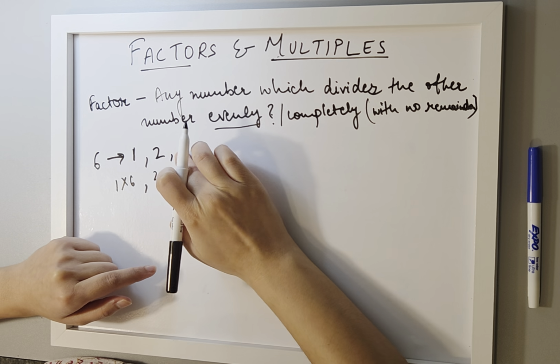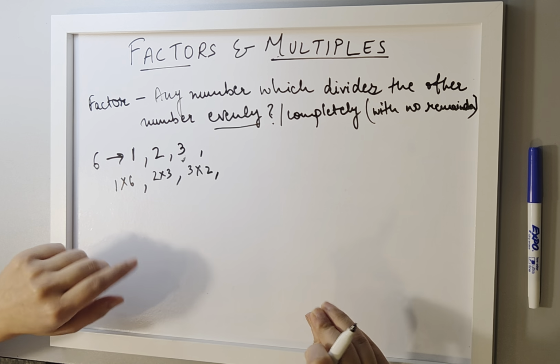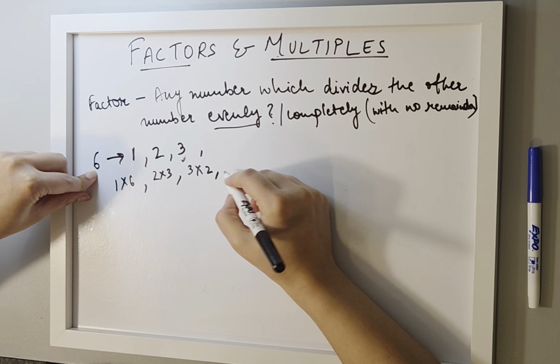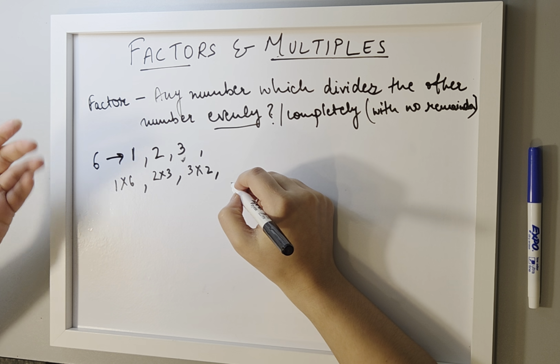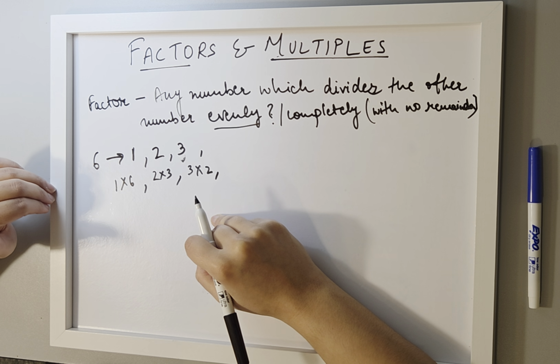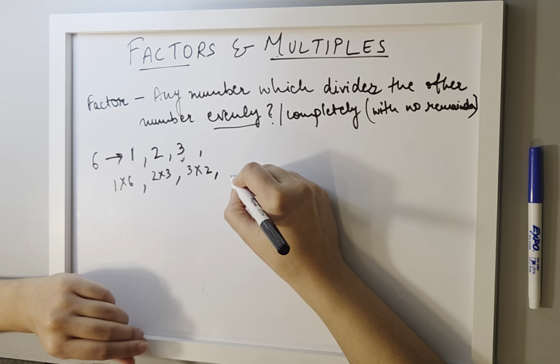Now 4. If we try to divide 6 by 4, 4 into 1 is 4 and 4 into 2 is 8. So 8 is bigger than 6 and 4 is smaller. If we divide, we'll get the answer as 1 point something.